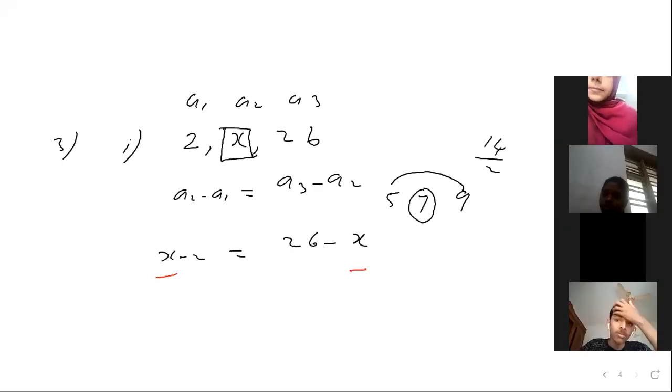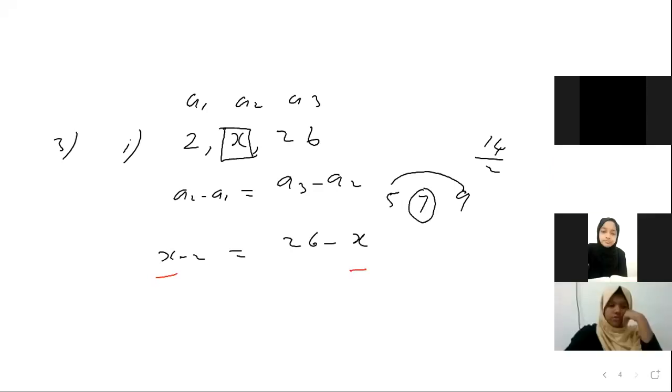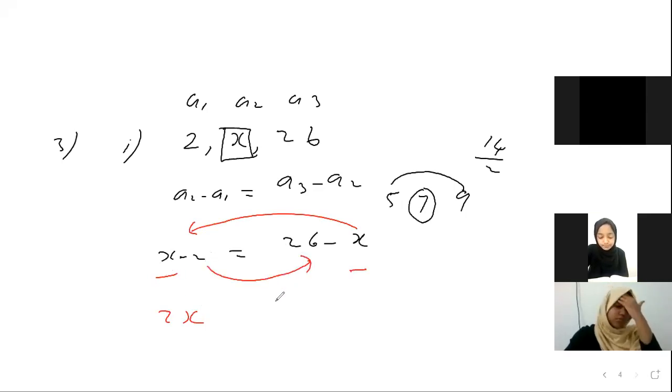This minus X transposed here, 2X, X plus X. Then this minus 2 I transpose to this side. 2X is equal to 28. So X is equal to 28 by 2, that is 14. We are getting X is equal to 14.